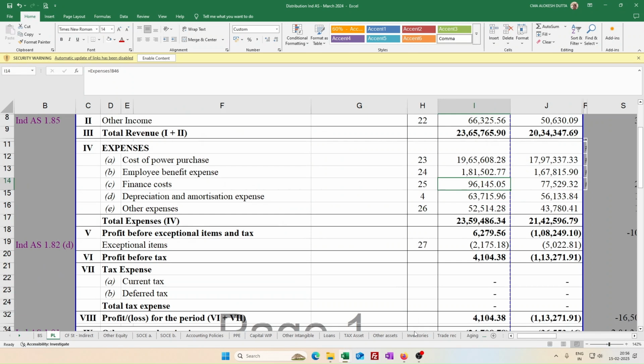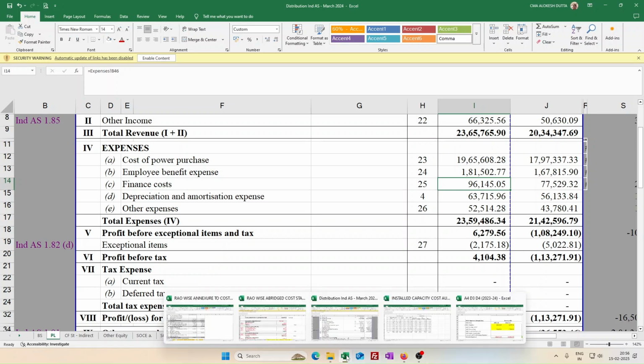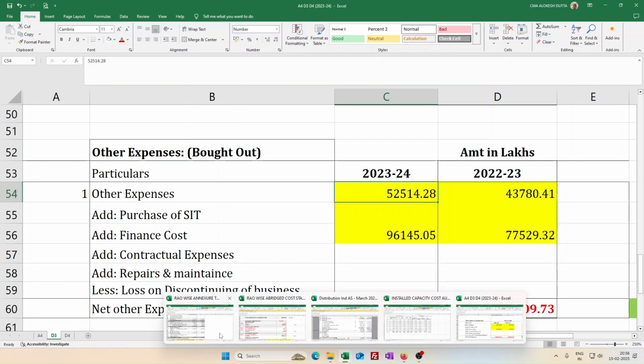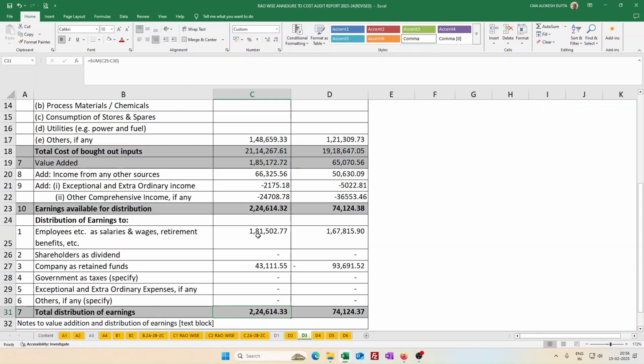These two figures come here in the other expenses and finance cost, and go here, other expenses. This one, it has come from that figure.